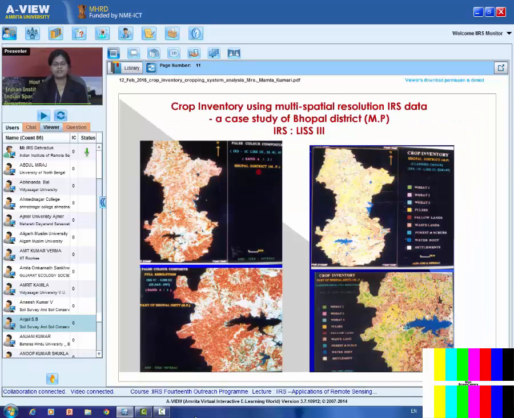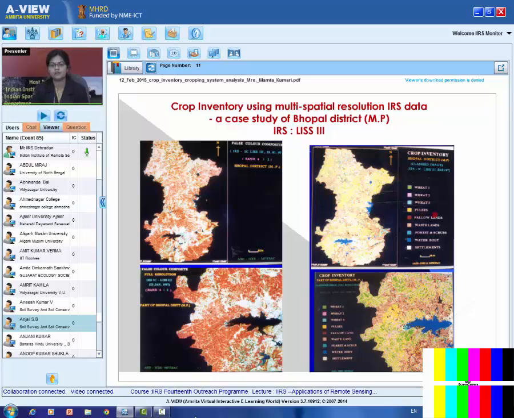So this is an inventory map. I'll show you some images from different sensors. This is LISS3, FCC. This is the crop inventory map of LISS3 data. Actually, this is of the Bhopal area. In Bhopal the major crop is pulse.